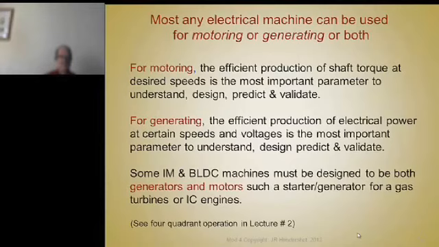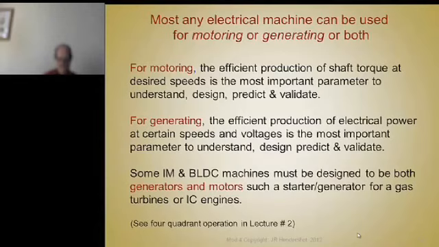Now some machines, particularly brushless and permanent magnet and some induction, are used to generate and motor. For example, a starter generator for a jet engine. It has to act as a motor when it's cranking the engine to get it up to light-off speed before ignition and fuel is applied.